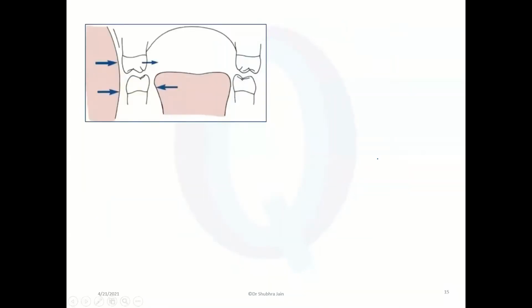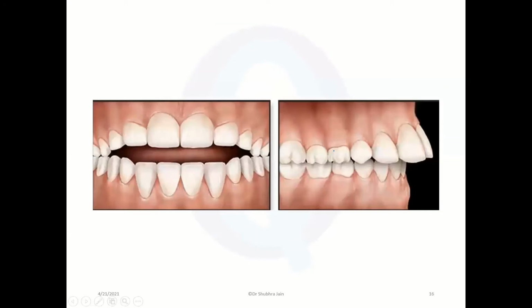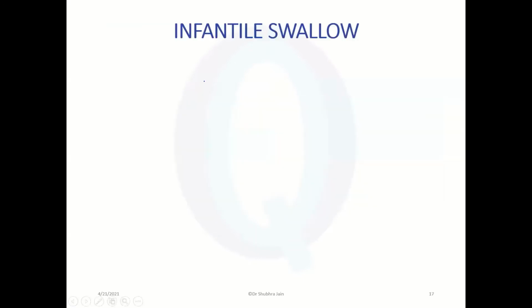The next thing that we're going to discuss, we have discussed, right? The buccinator mechanism. And there will be open bite. This open bite will also be there. That we have all discussed. Dr. Manvi has asked why the profile will be convex.